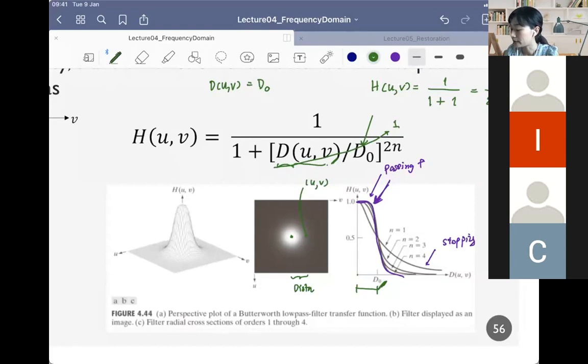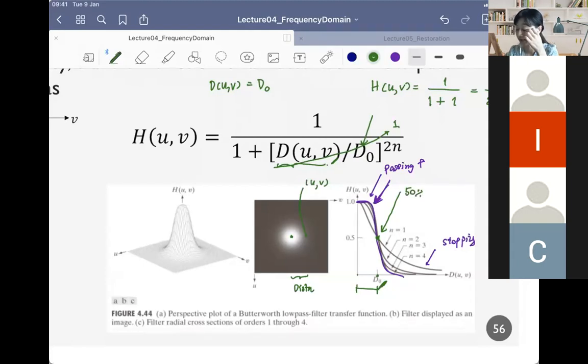So whenever your frequency is at the cutoff frequency, the passing percentage is about 50%.